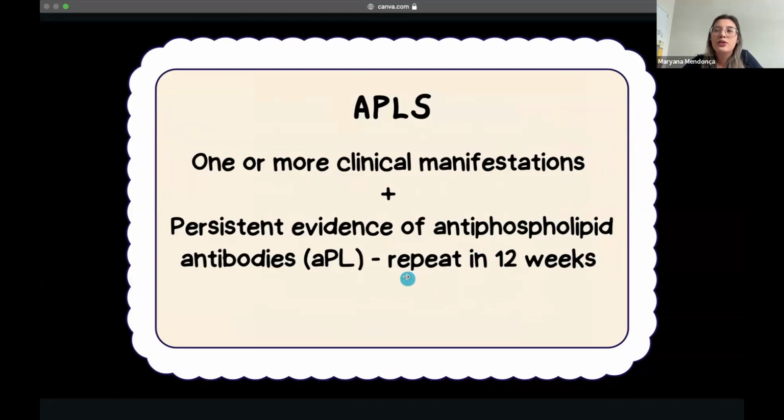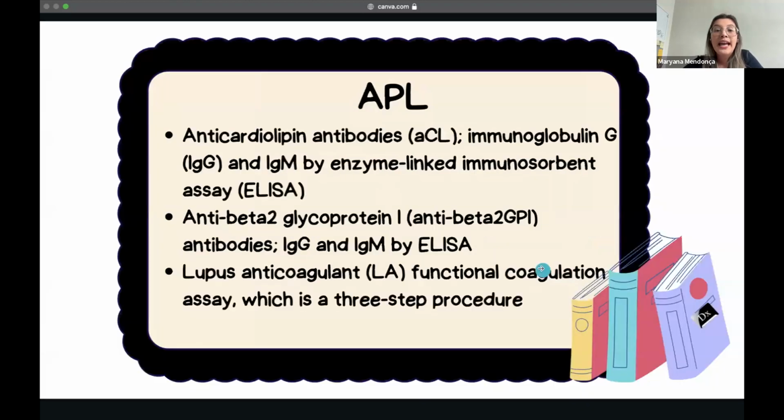Well, drugs and infections could cause a transient increase of antiphospholipid antibodies. So we have to repeat these labs in 12 weeks to be sure that it is a true antiphospholipid syndrome diagnosis. And which are these antibodies? We could have increased anticardiolipin antibodies, increased anti-beta 2 glycoprotein, or increased lupus anticoagulant.